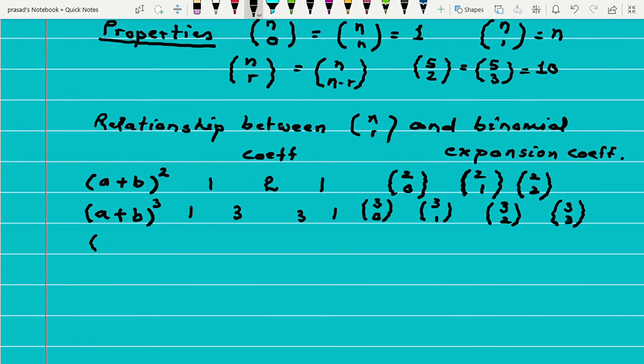Then a plus b to power 4, the coefficients are 1, 4, 6, 4, 1, which in terms of combination I can write it as 4C0, 4C1, that is 4, 4C2, that is 6, then again 4 I can write it as 4C3, and finally 1 I can write it as 4C4.